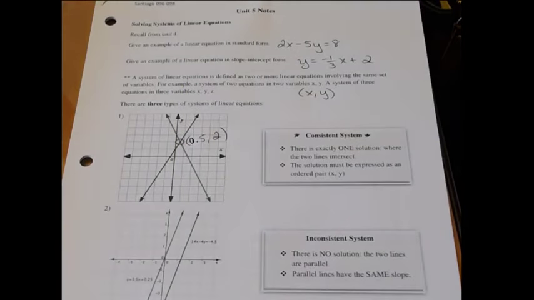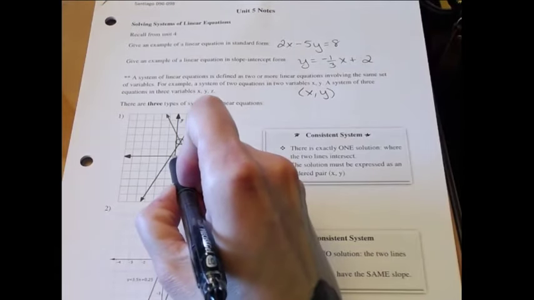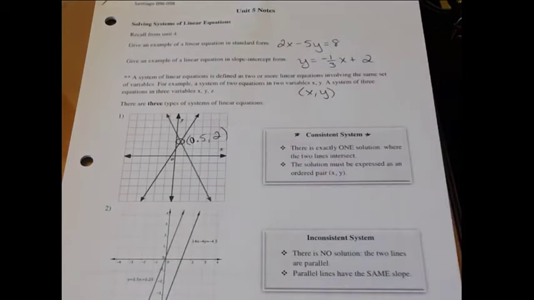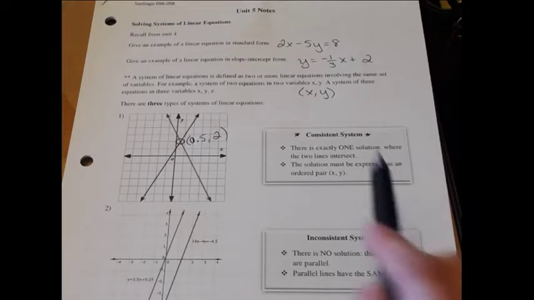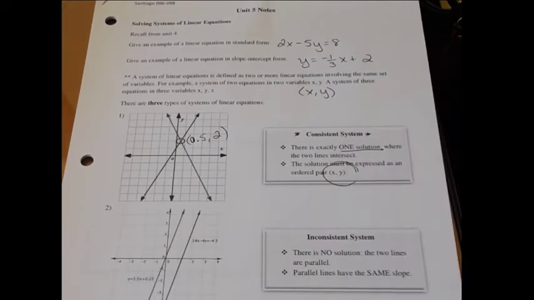Okay, so a half, right, because it's halfway through the first mark, so it's a half comma 2. That could be the point of intersection for these two lines. So because they cross at exactly one point, well, that makes it consistent. Notice here, one solution, and you'll just say what that solution is. In this case, that ordered pair x, y.